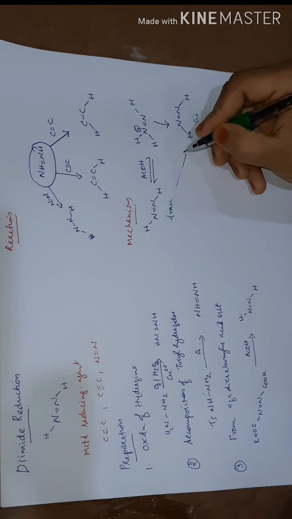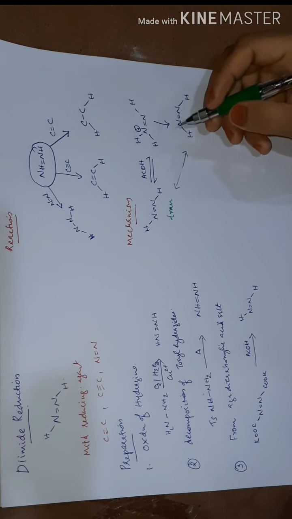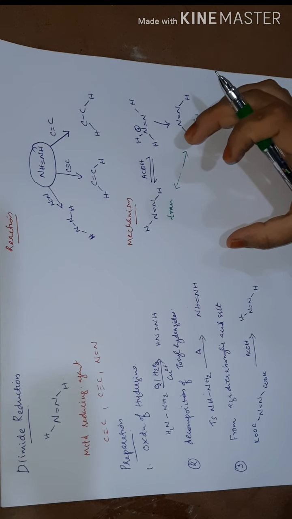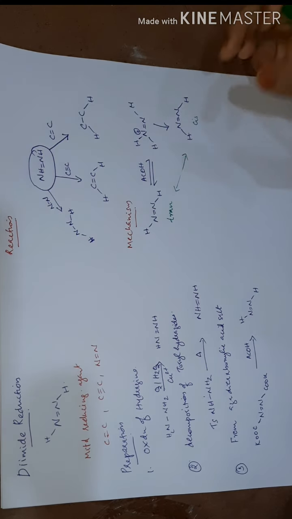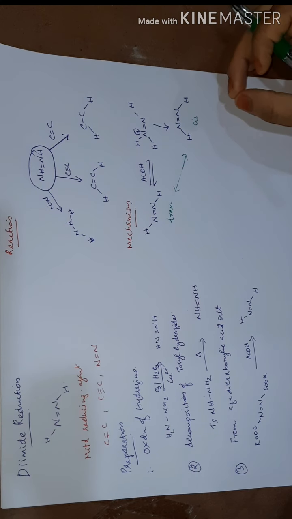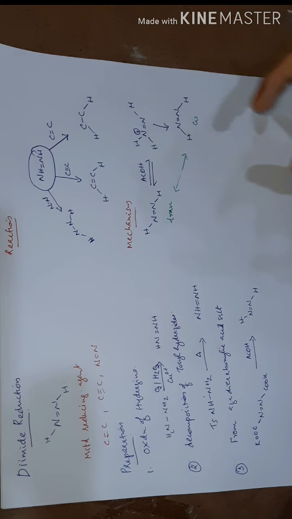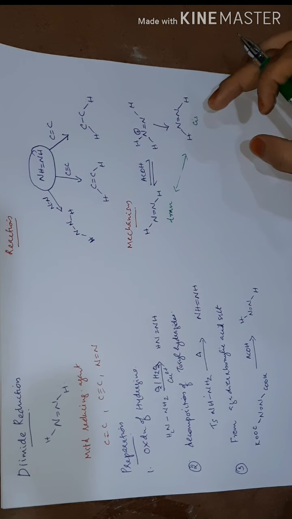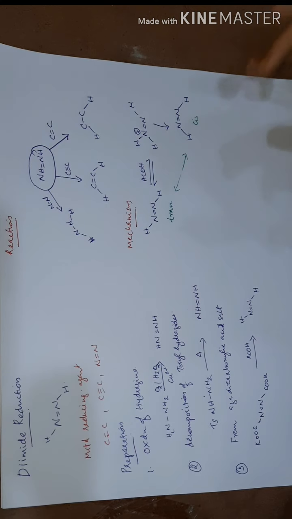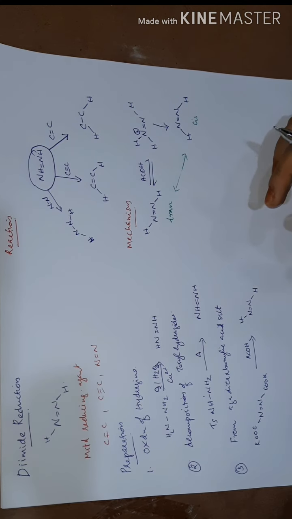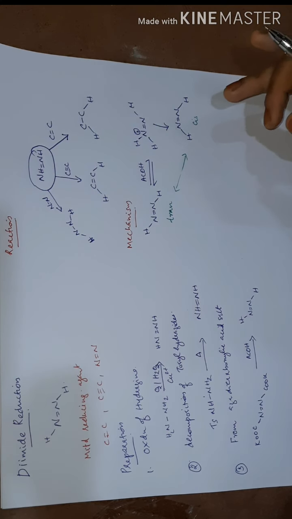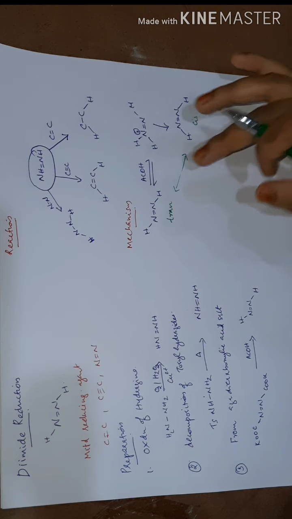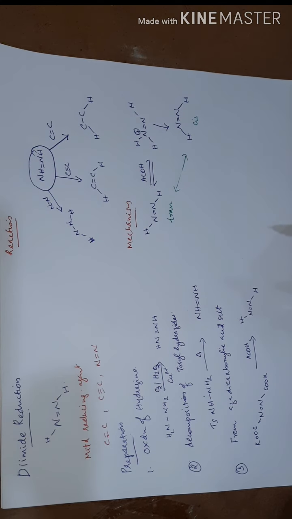So the only thing happening here is that the diimide existing in trans state is getting changed to the cis position, or cis-trans isomerization is observed here, and the conversion of trans form to cis form occurs only in presence of this acetic acid.